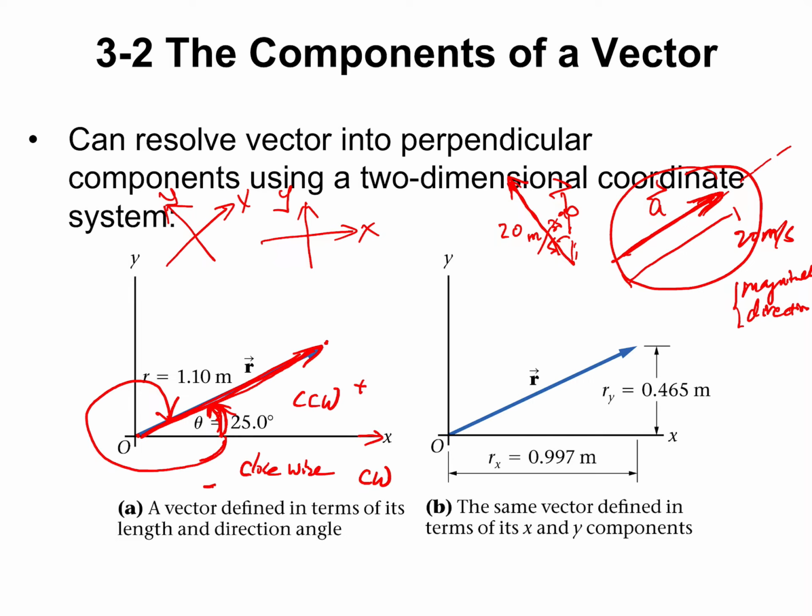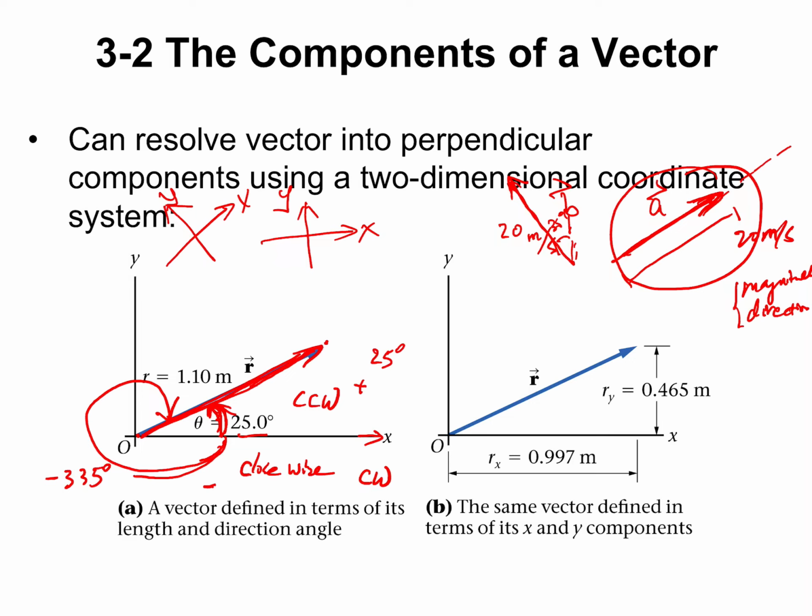So in this case, we can tell the angle between vector r and the x-axis is 25 degrees, which is positive, because you go from the x-axis to that vector in a counterclockwise rotation. Or this is negative 335 degrees if you go clockwise. So you can use angle to describe the direction of a vector.